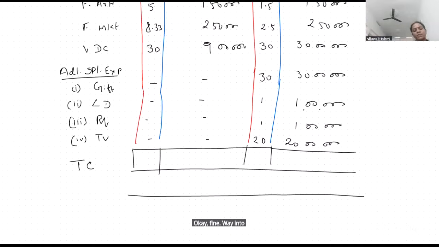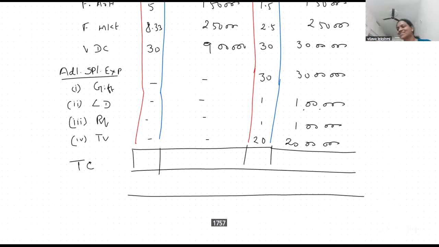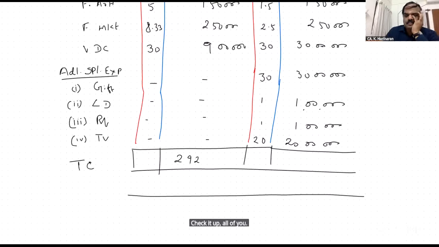So the total cost for the first column? 2 crore 92 lakhs. Check it out, all of you. In the per unit column you also need the total.